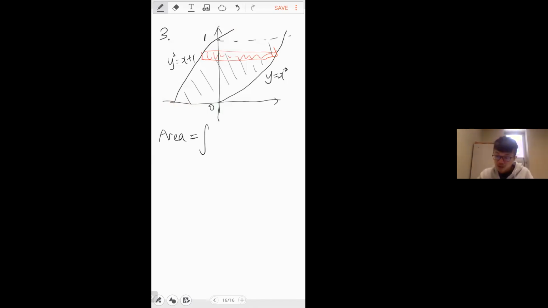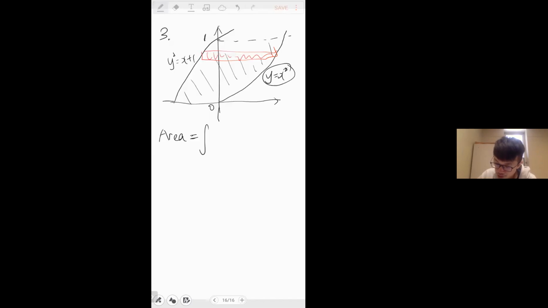So what is the right function? The right side is y equals x squared, right? And recall that if I want to do horizontal, everything has to be in terms of y. So you want to put x in terms of y. This is y equals x squared.